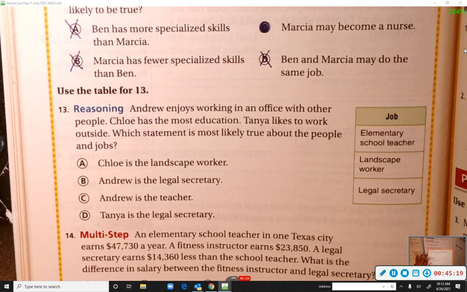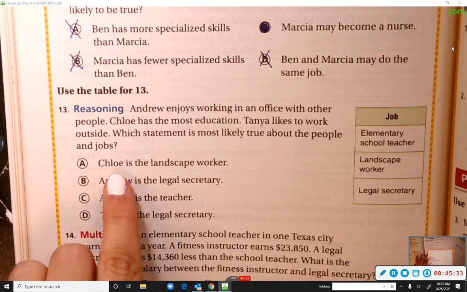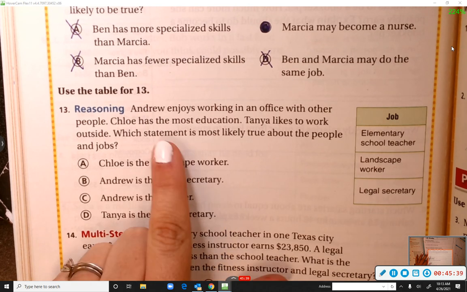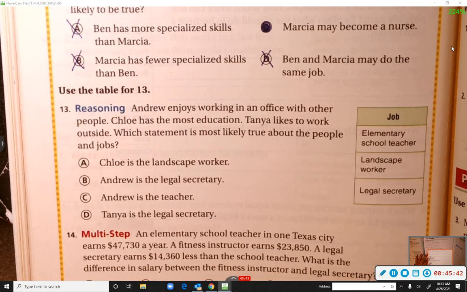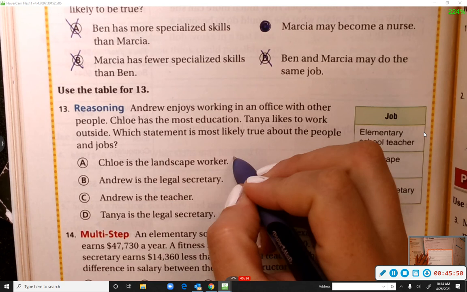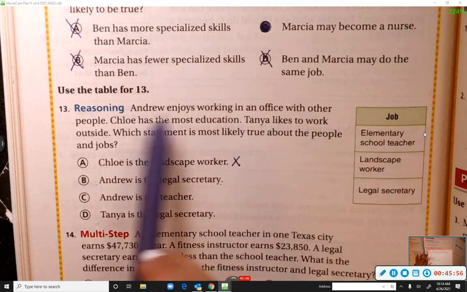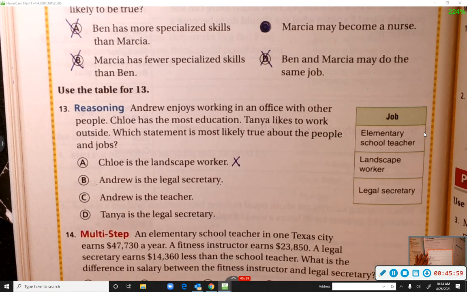Number 13 says, Andrew enjoys working in an office with other people. Chloe has the most education. Tanya likes to work outside. Which statement is most likely true about the people and jobs? A, Chloe is the landscape worker. Does that make sense? She has the most education. Who is most likely the landscape worker? Tanya, because she likes to work outside. B, Andrew is the legal secretary. Andrew enjoys working in an office with other people. Is that probably true or false?